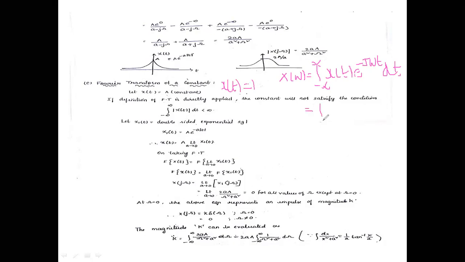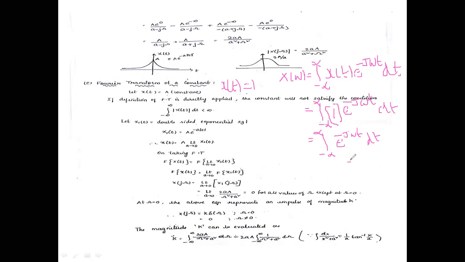Directly taking the integral from minus infinity to infinity of 1 into e power minus j omega t dt. So 1 is the input signal, and you have to find the Fourier transformation of the constant 1. Whatever constant it is, you can keep the A also.